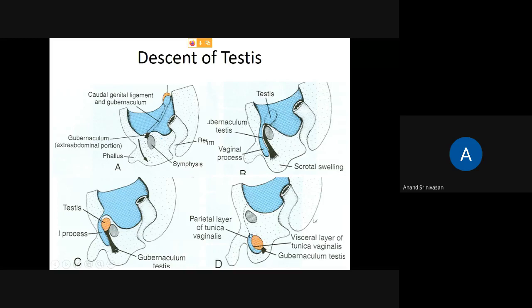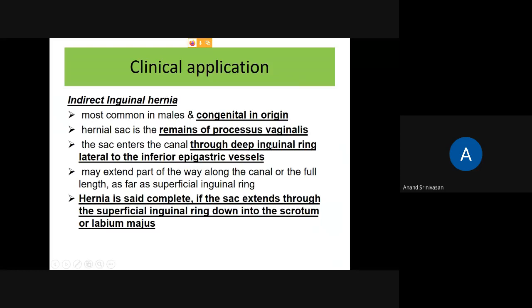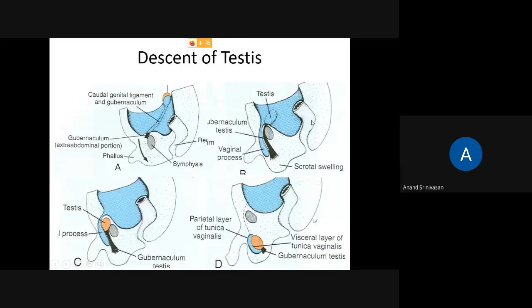Then later on, the space between the testis and the peritoneum disappears. If it is persistent, it is called processus vaginalis, the blue colored portion.